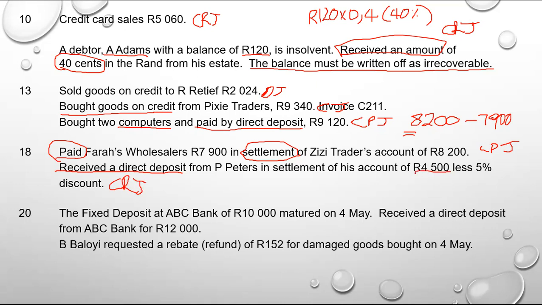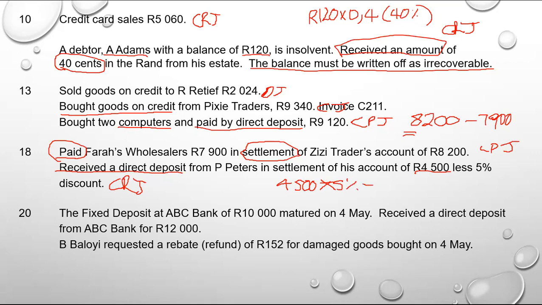So this person was owing us 4,500, but they didn't pay us 4,500. They paid us 4,500 less the discount. The first option, guys, is to calculate the discount by taking 4,500, multiplying it by 5%, and then you get the discount amount.